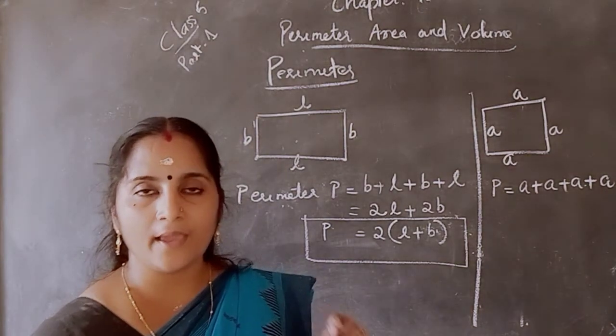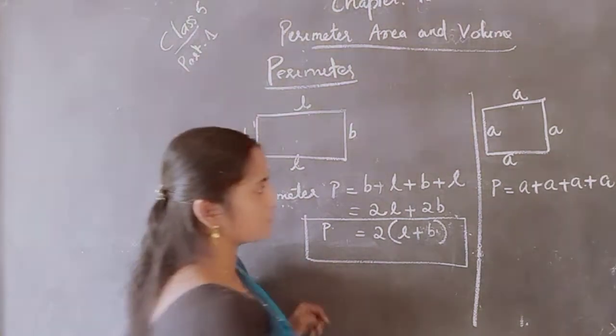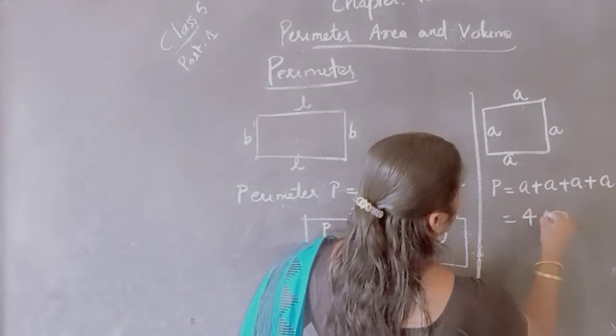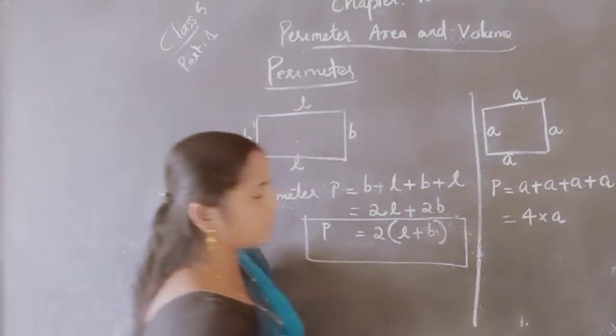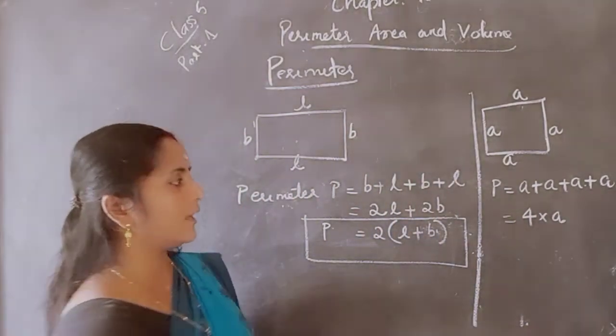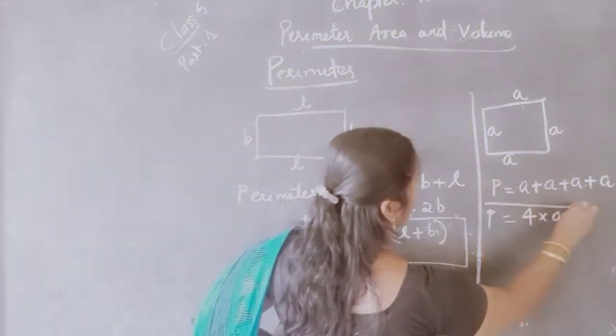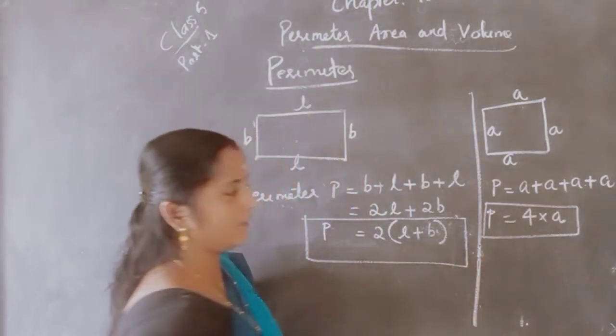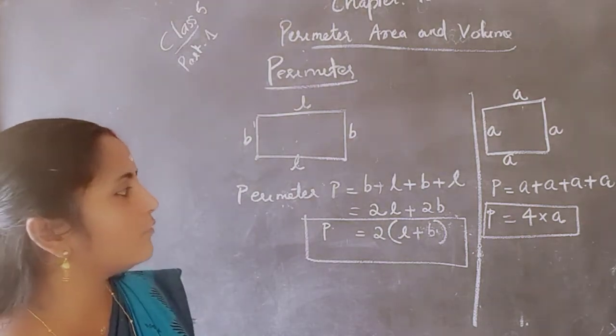That is, we add A 4 times. That is 4 into A. A added 4 times means 4 into A. So what is the perimeter of a square? 4 into A, where A denotes the length of one side.